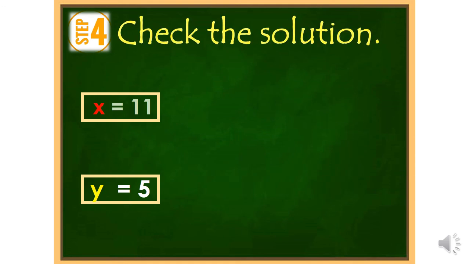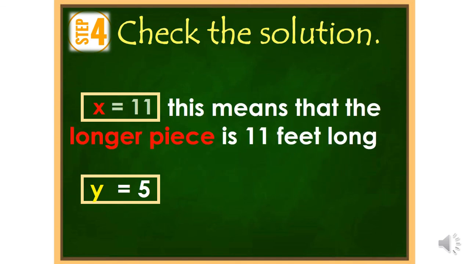For our fourth step, we will check the solution by going back to our problem. This means that the longer piece is 11 feet long since the value of our x is 11 and the value of our y is 5.